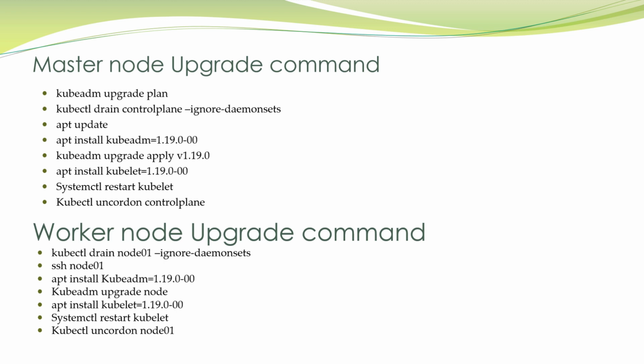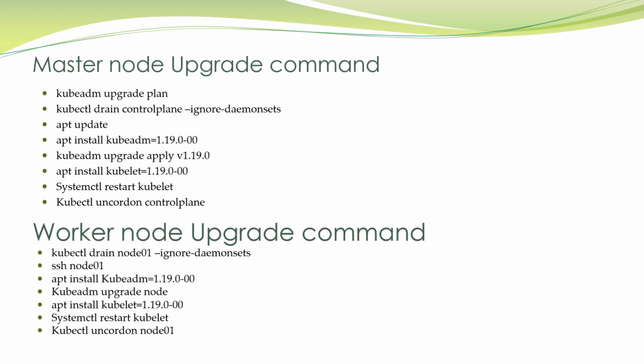So the first command for the master is the upgrade plan. Executing this command is not required. It will give you the compatibility, but whatever the question asks, if it says the cluster is currently on 1.18 and you need to upgrade to 1.19, there's no need to execute the upgrade plan. Just start from the control plane component.